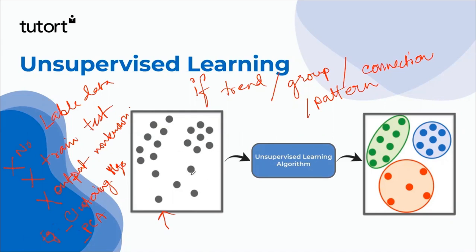So we are going to perform a clustering analysis on them. Suppose it has segregated the data into 3 clusters or groups. Clusters are nothing but groups. You can see this is a green cluster, a blue cluster, and a red cluster.